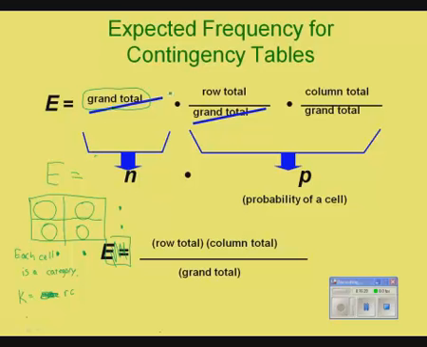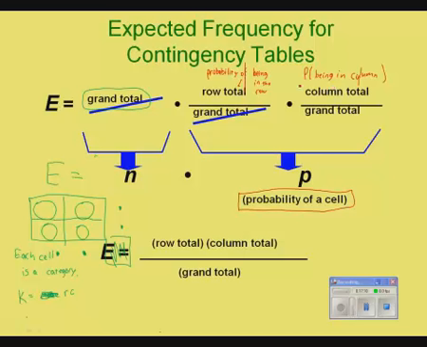Now, to get the probability of being in any particular cell, okay, we'll see if this makes sense to you. What you compute is the probability of being in the row times the probability of being in what? In the column.